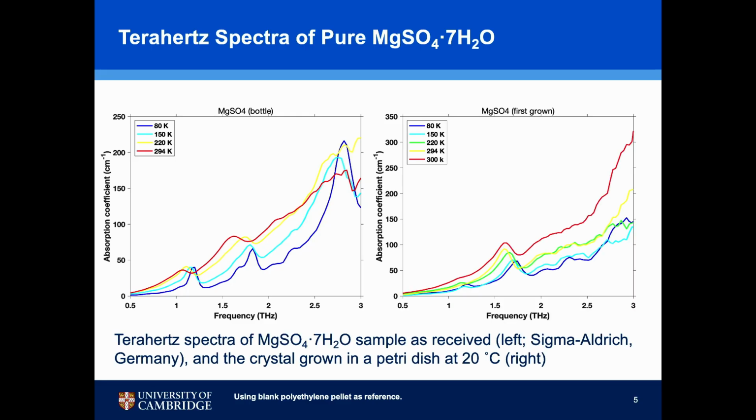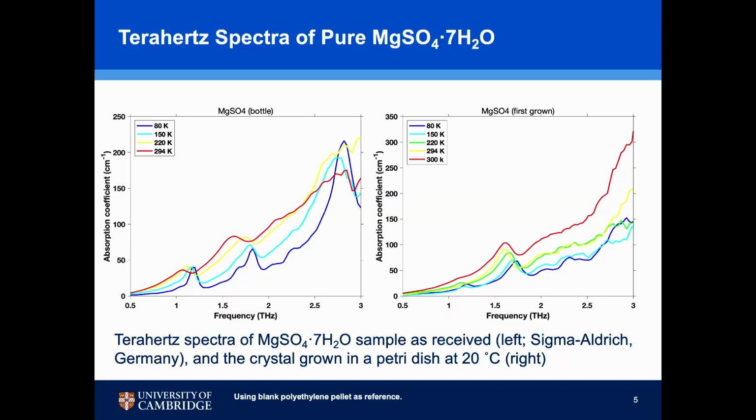Unfortunately, for our project this time, we can't acquire the spectrum as low as 80 K when we're monitoring the whole crystallization process. So what we did is grow some crystals under about the same conditions as in the crystallization process, but just grow the crystals in the fume hood. And then we do a variable temperature measurement on this sample as well.